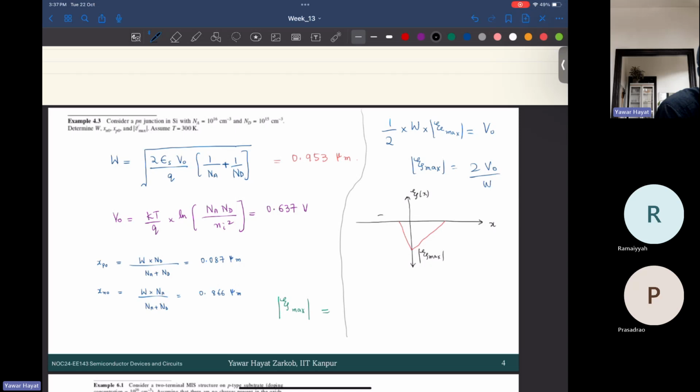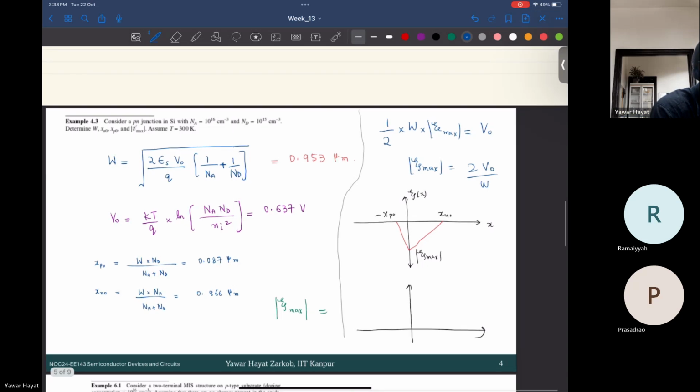This is your minus xp0, and this is your xn0, right? Now when you integrate this, you get the built-in potential. This is V naught.